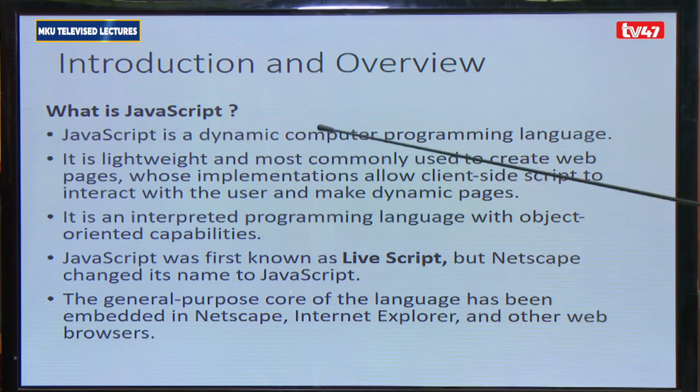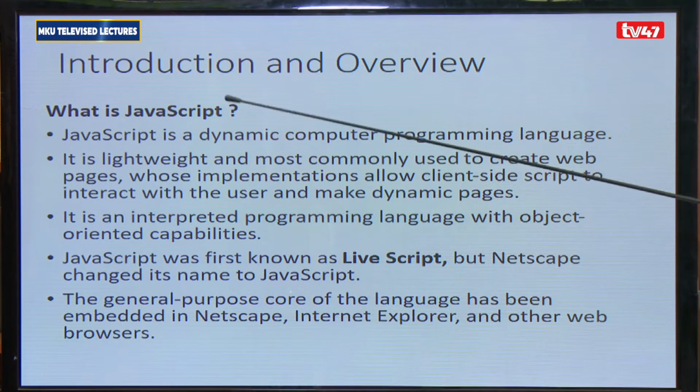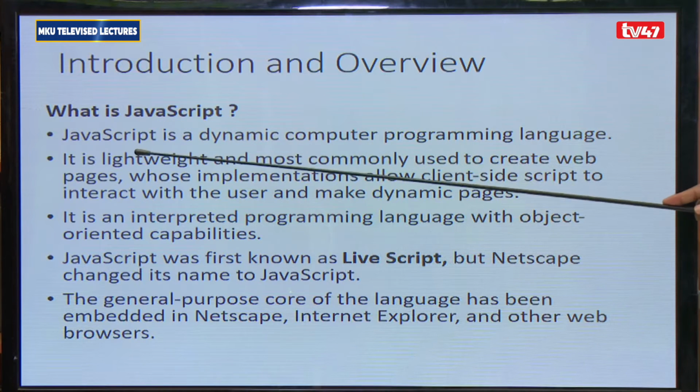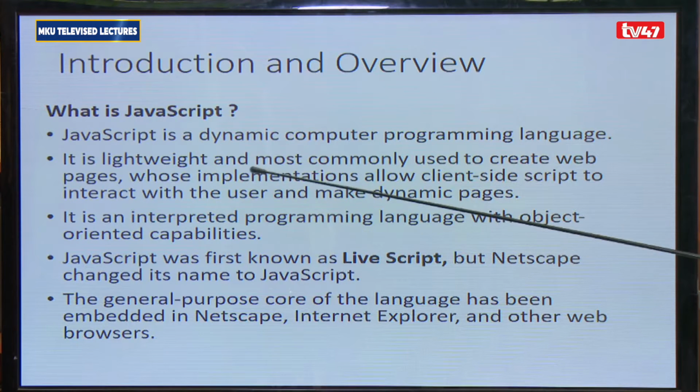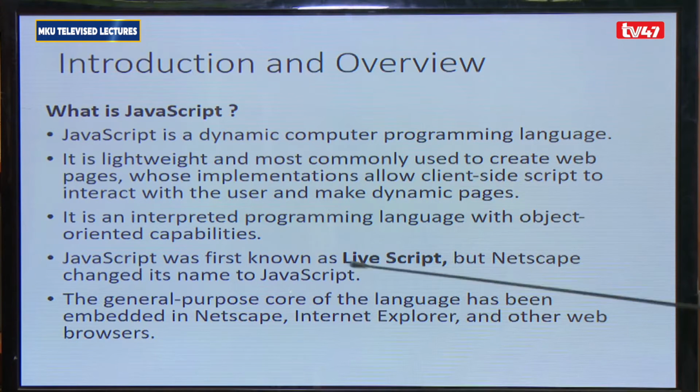Now, let's have a small introduction where we'll define a number of terms. The first term I want us to define is what is JavaScript. JavaScript is a dynamic computer programming language. It is a lightweight and most commonly used programming language to create web pages whose implementation allows client-side scripting to interact with the user and to make dynamic pages.